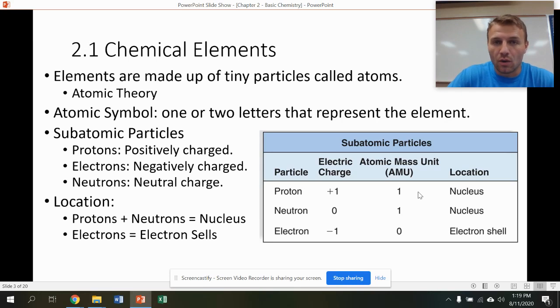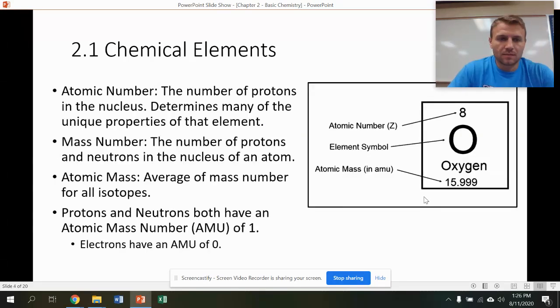Electrons have no mass unit. Now, it doesn't mean they really don't have mass. They do technically have a mass, but it's so insignificant we don't count it in the mass of an atom. So I would know the electric charge, the atomic mass unit, and the location of the three different atomic particles.